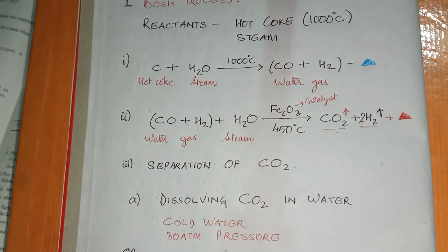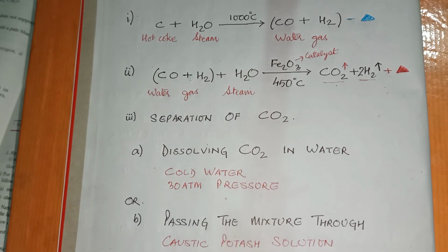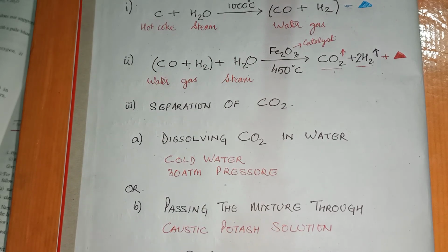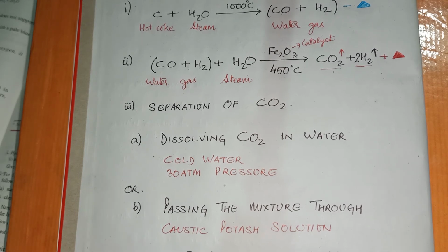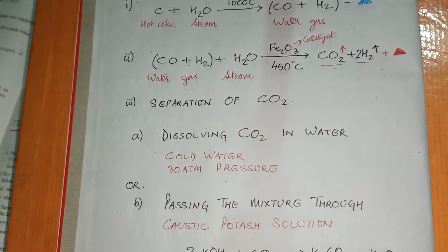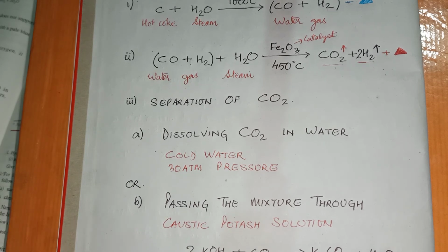hydrogen. There is another method by which we can separate carbon dioxide from the mixture, and that is by passing the mixture of carbon dioxide and hydrogen through caustic potash solution. Caustic potash stands for potassium. Caustic stands for alkali hydroxide.